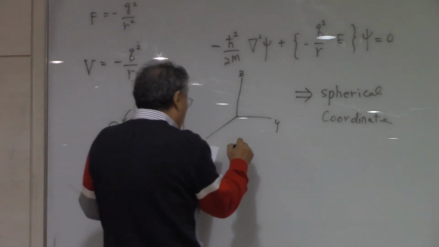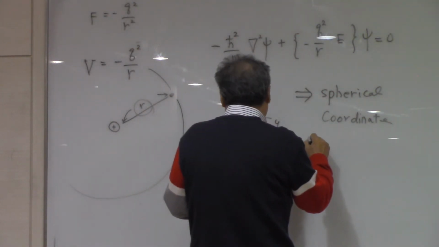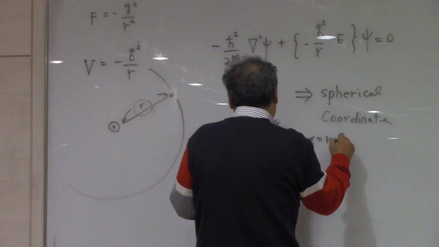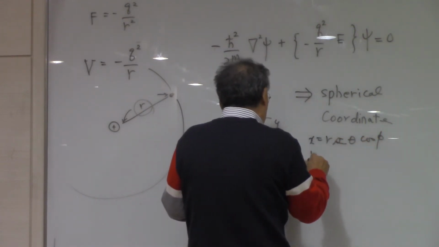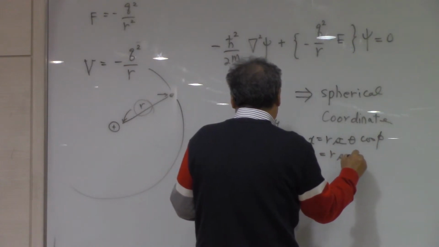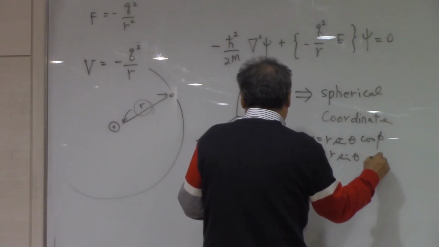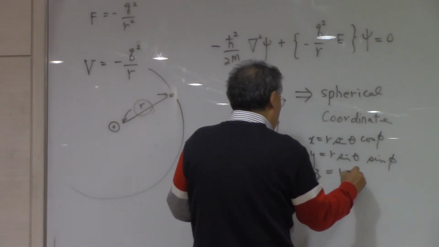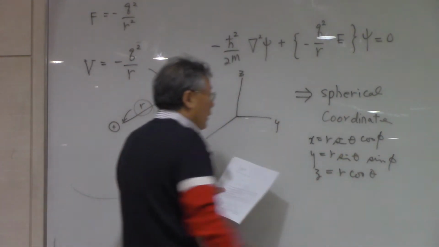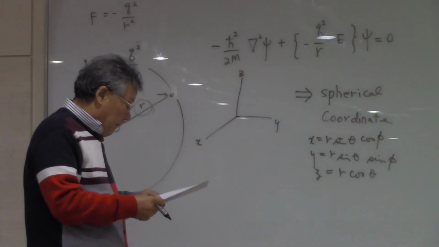So we're going to use x equal to r sine theta cosine phi, y is r sine theta sine phi, and z is equal to r cosine theta.